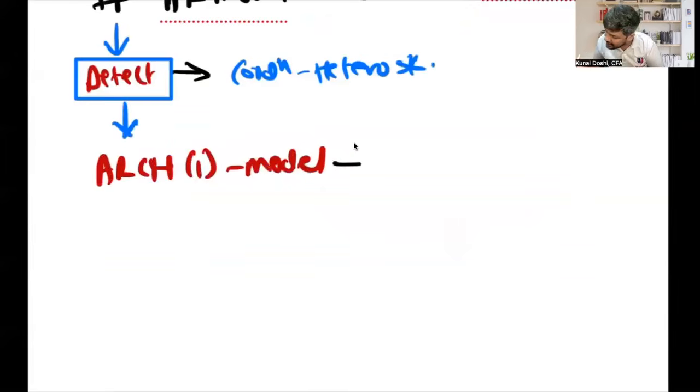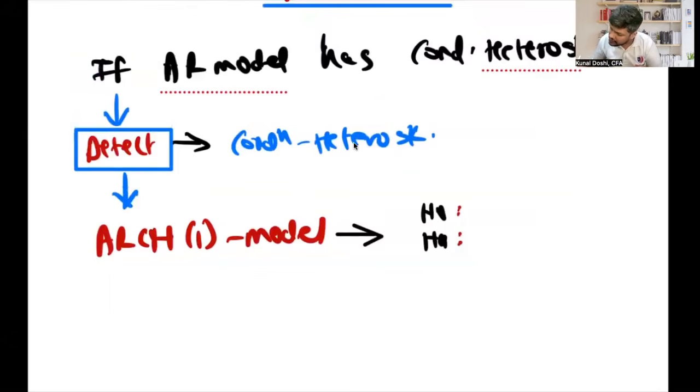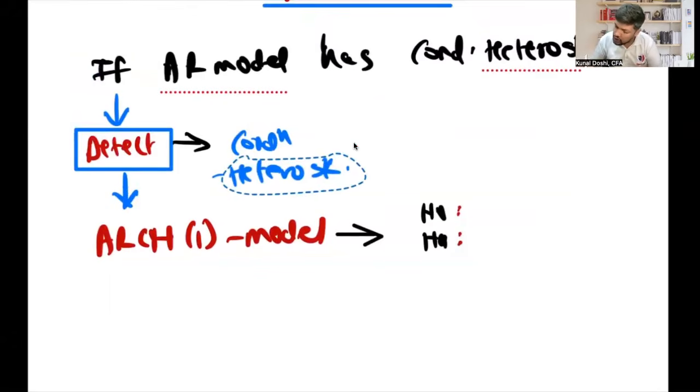So how do I detect it? I detect it based on the null and alternate. First, I'll write the model. What is the model? It is conditional heteroskedasticity. My model will be translated into the error, and we say variance of the error.